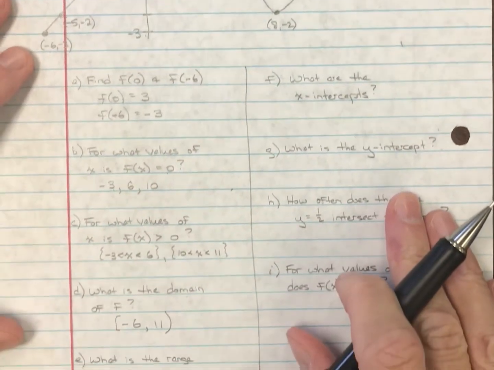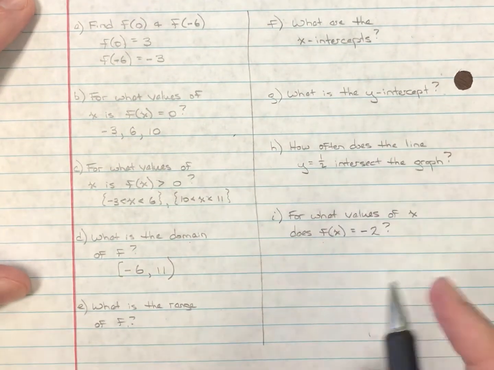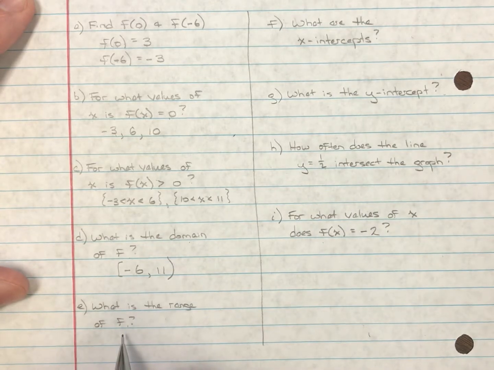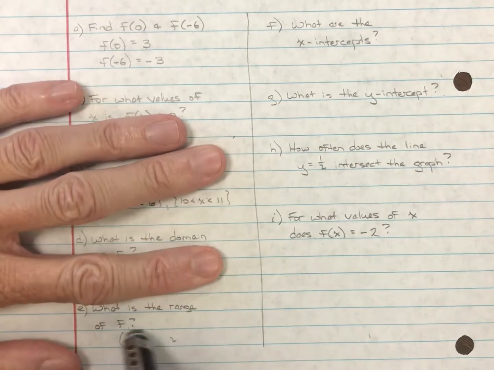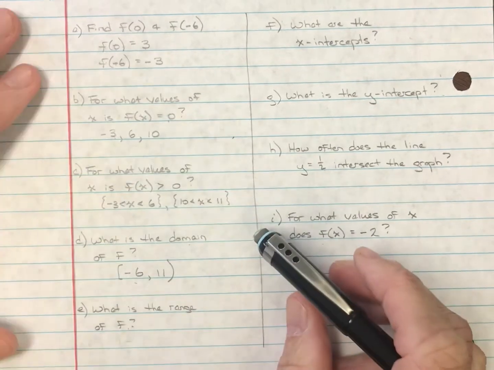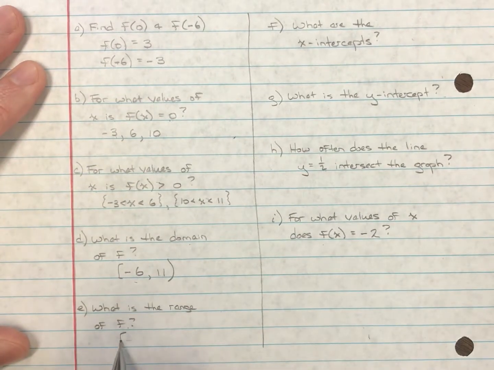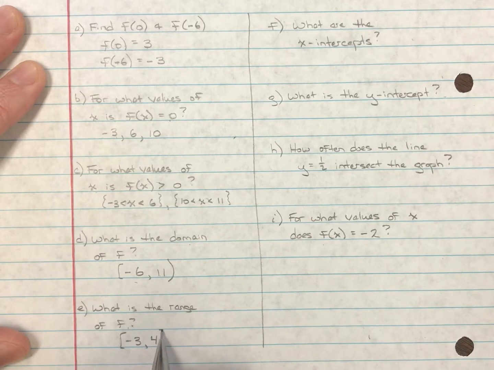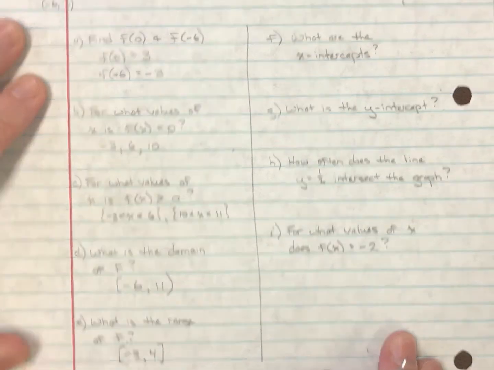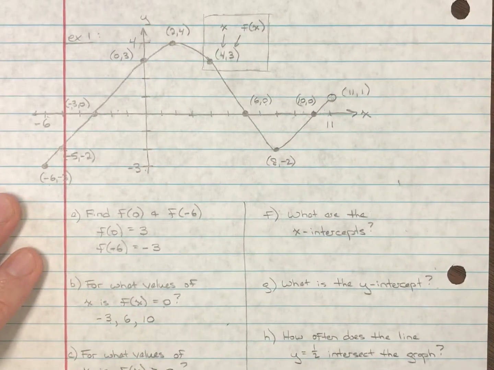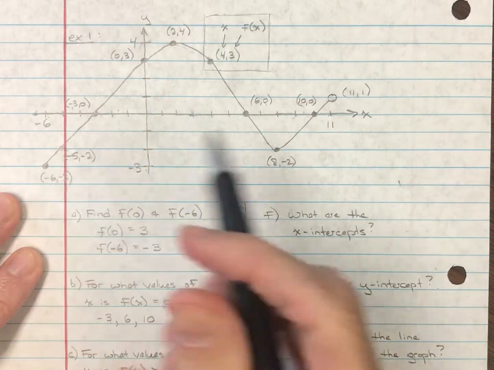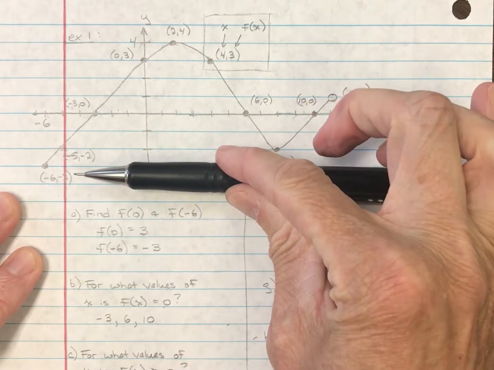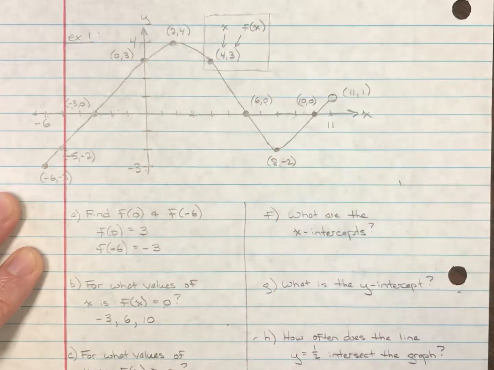We can say that our range, again in interval notation, goes from -3, and I include -3, so I need a bracket, and they go as high as 4, and again a bracket because 4 is included. So the y values go from -3 up to 4.